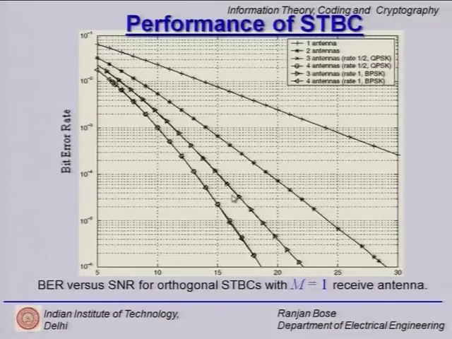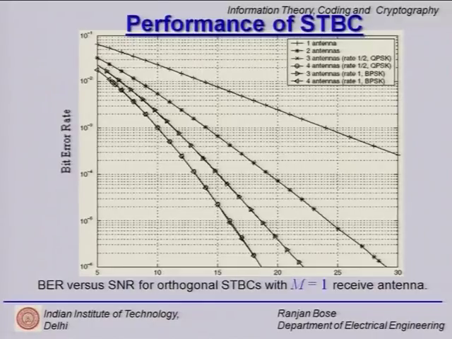We go ahead and look at 3 antenna systems, n is equal to 3, but this is the rate half and modulation scheme is QPSK, and then we have this curve which is giving you the 4 antenna systems, and then again we have some overlapping curves with 3 antenna and 4 antenna systems. So the symbols are plotted on top of each other, showing that they are coincidental with full rate and BPSK.